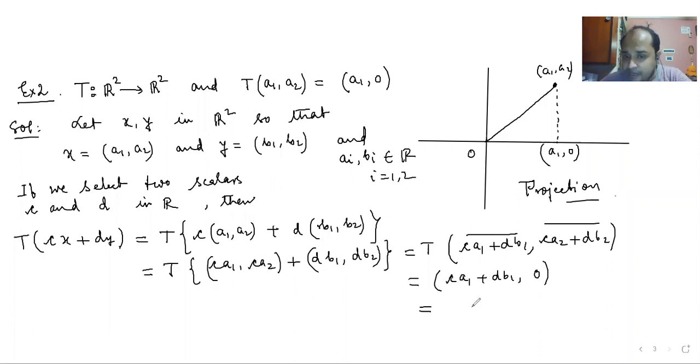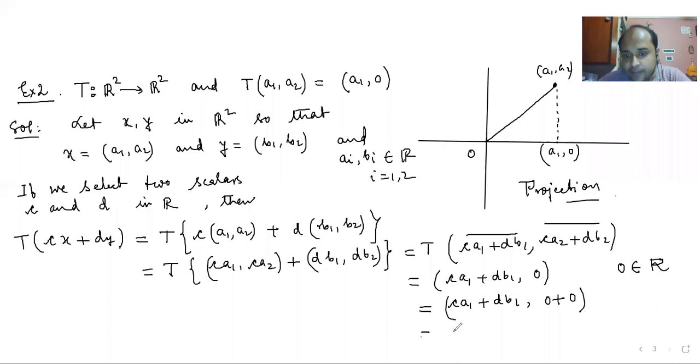Now we can separate this in the following manner. I can write it as Ca1 plus Db1 and this as 0 plus 0. Remember, this 0 is a scalar 0, which is not a vector 0. It is actually a scalar 0, taken from the set of real numbers. That is our usual 0.